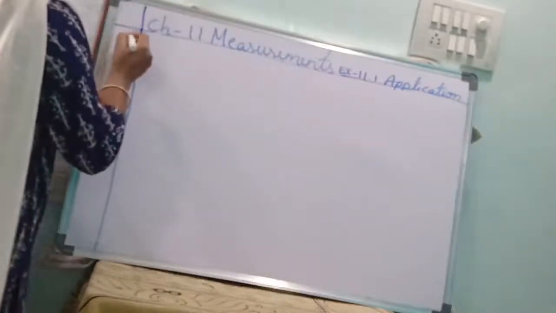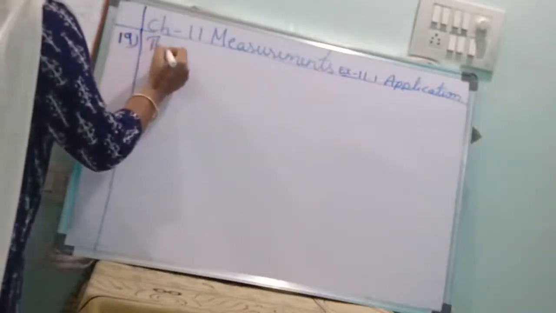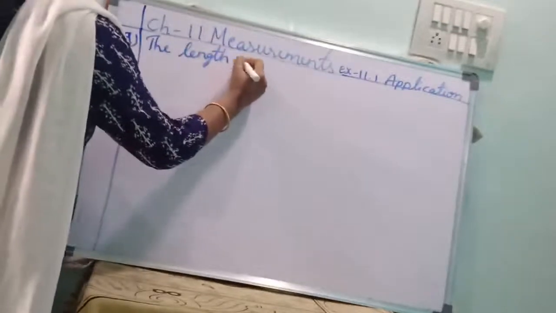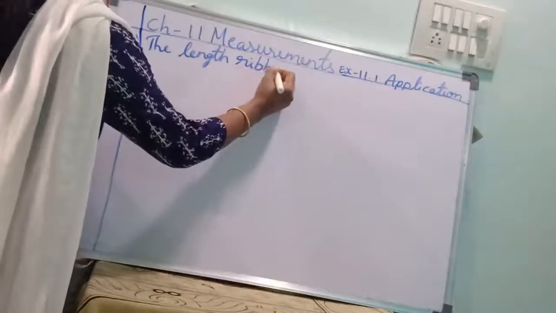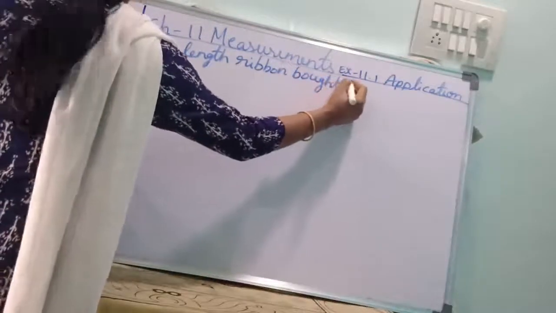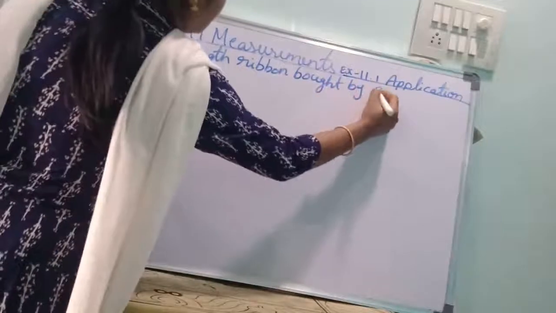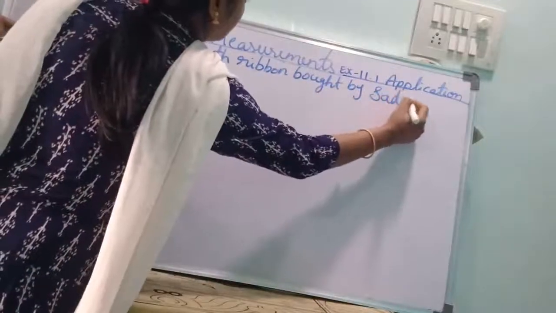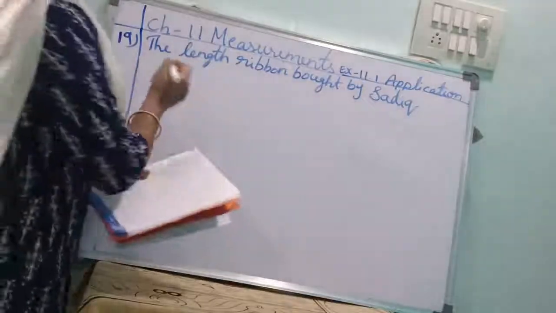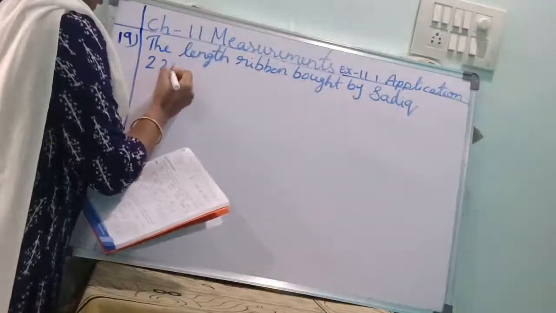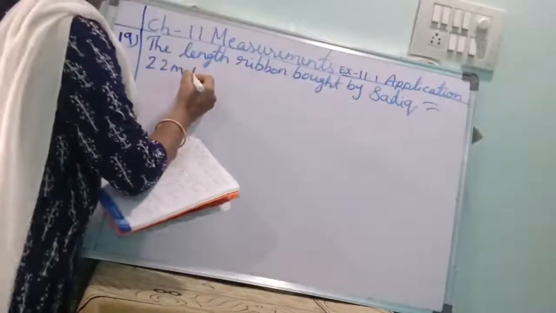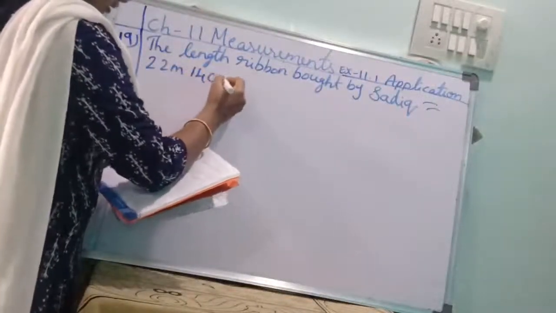The length of ribbon bought by Sadvik: 22 meters 14 centimeters.